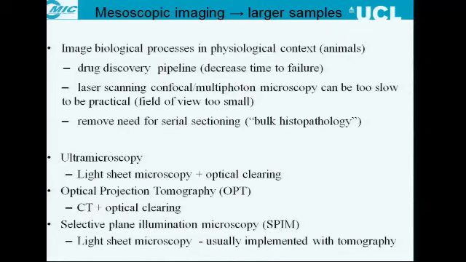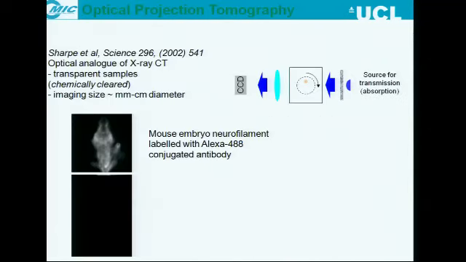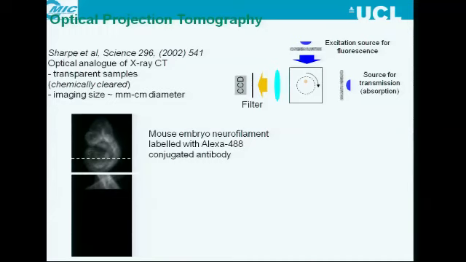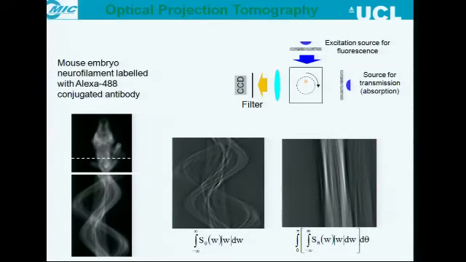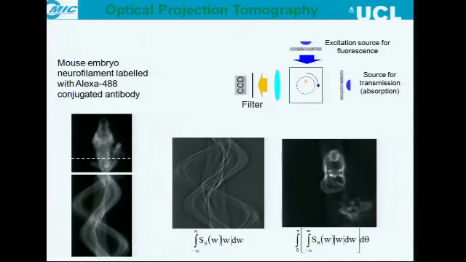So there are a couple of different ways. One of them is called optical projection tomography, and this works exactly like CT. You simply have a source collimated via lenses and detected with an ordinary camera. We acquire the projections through it, and they look exactly like an X-ray sinogram, and just standard filtered back projection results in this 3D reconstruction.